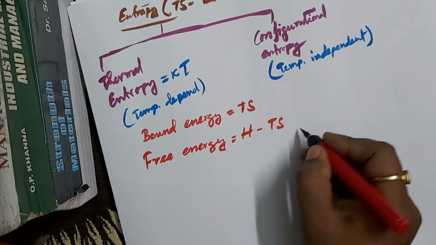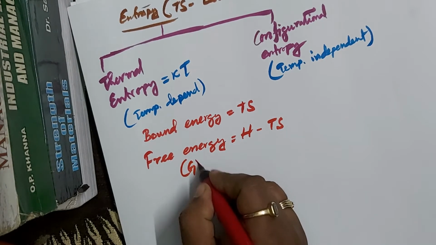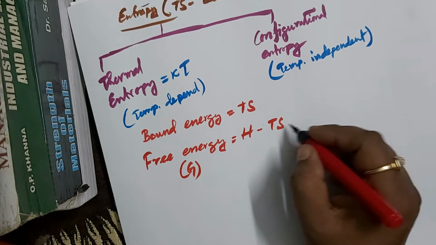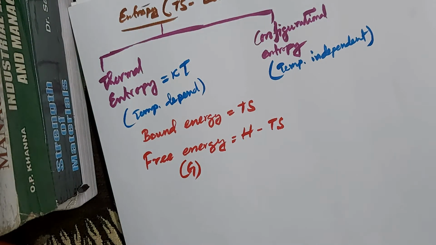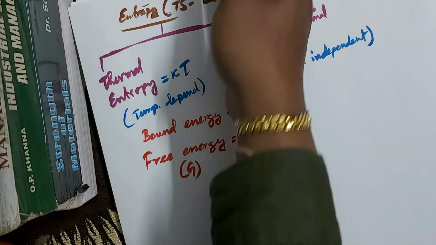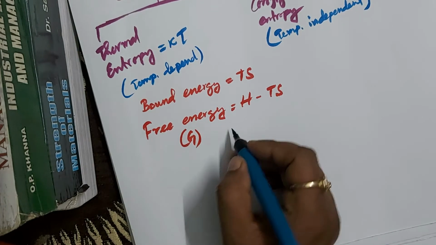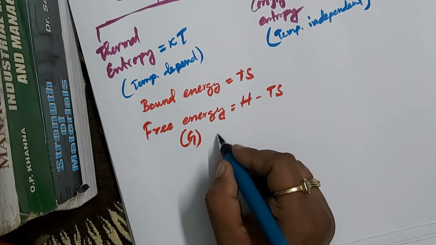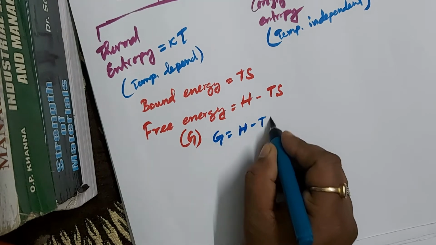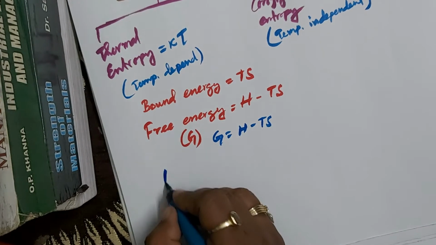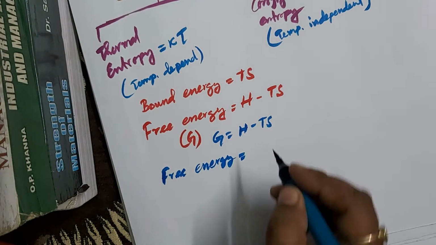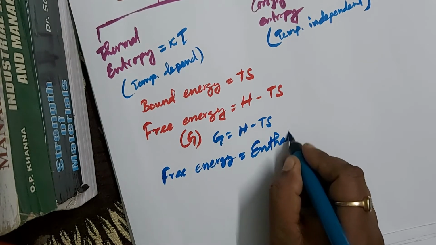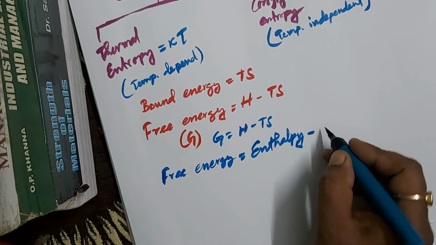H is enthalpy, and this free energy is denoted by G. So we can write free energy, or G is equal to H minus Ts, or in words we can write free energy is equal to enthalpy minus bound energy.